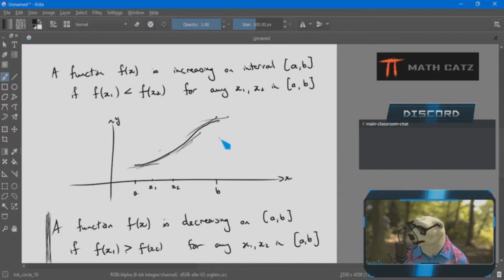But for all these tangent lines, all the tangent lines have positive slope values. Might be small, might be big, but they all have positive slope. So what does that mean?